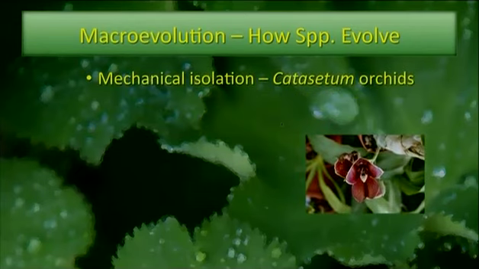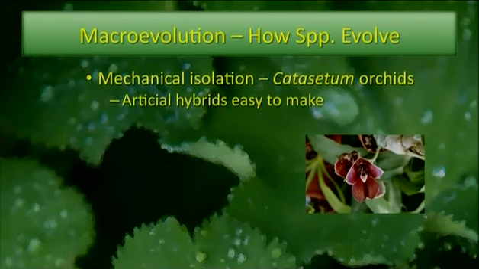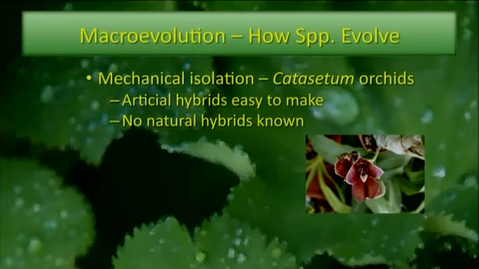Then we have mechanical isolation, such as in Catasetum orchids. Remember we talked about Catasetums before? These have unisexual orchid flowers, which is unusual. Most orchid flowers are bisexual. We can have artificial hybrids that are easy to make by humans between four different species, but in nature, no natural hybrids are known.